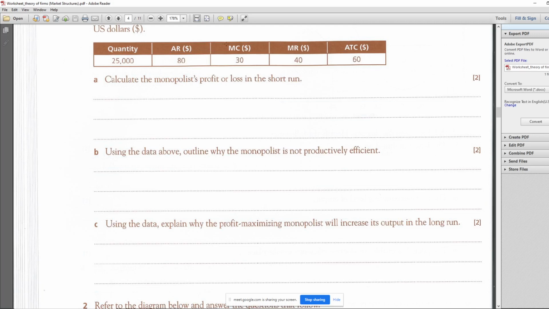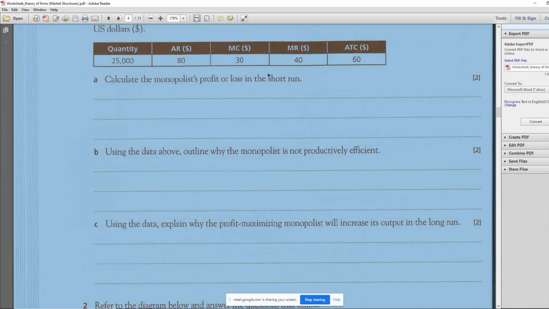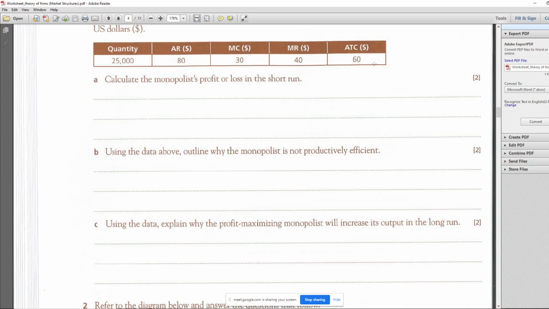But when you're looking at the data right here, you can see we are producing at MC with $30 and ATC with $60. So we are not at the intersection point. The MC is lower than the ATC, so if we keep producing more units, the ATC should keep decreasing.